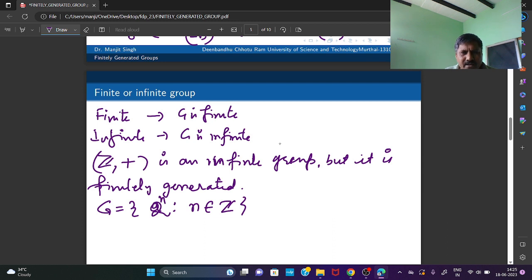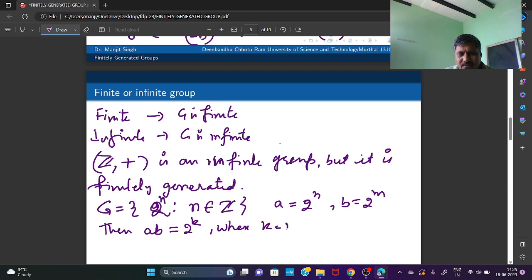If you take two elements, A as 2 raised to power n and B as 2 raised to power m, where both n and m are integers, then A times B is 2 raised to power k, where k is the sum of these two. This is again an integer whenever n and m are integers.